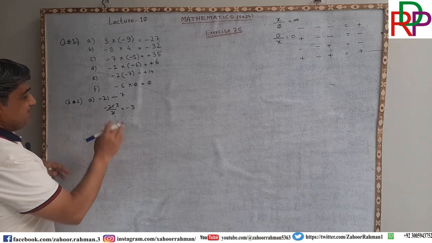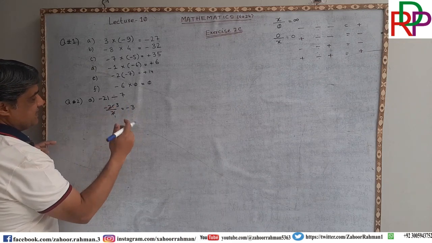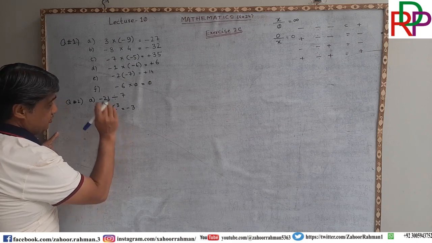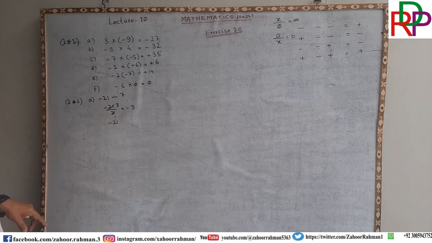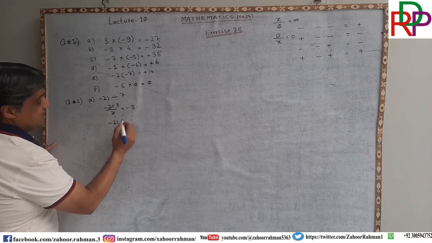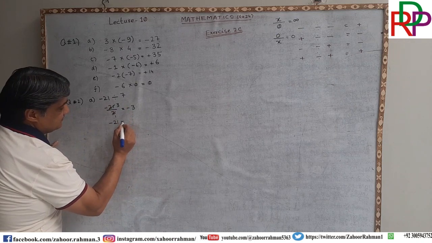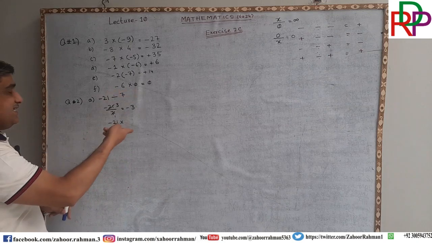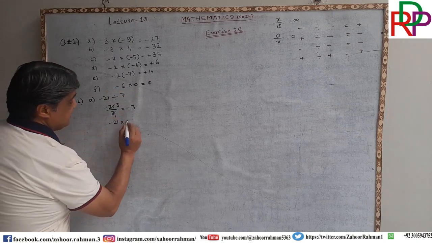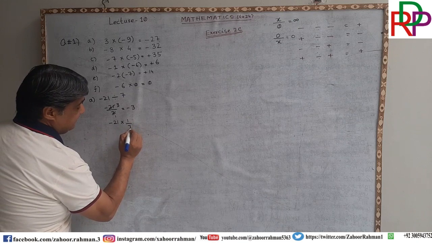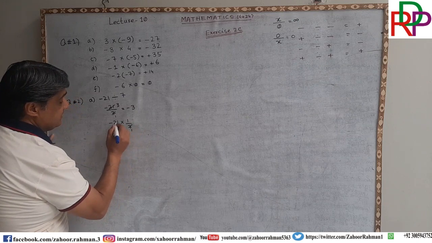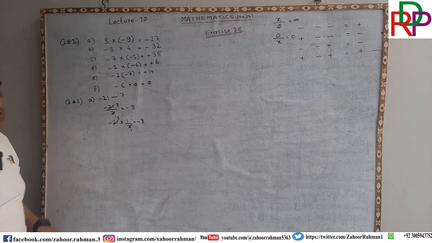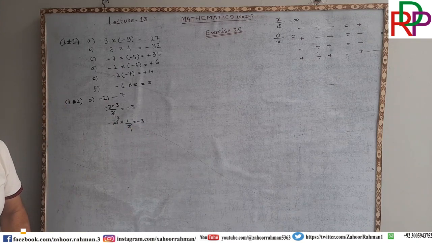Now again we can get this by a second method. Minus 21, and you know from primary school that the division symbol will be replaced by multiplication, and for the next number we have to take the reciprocal. So in this case we are also getting minus 3.